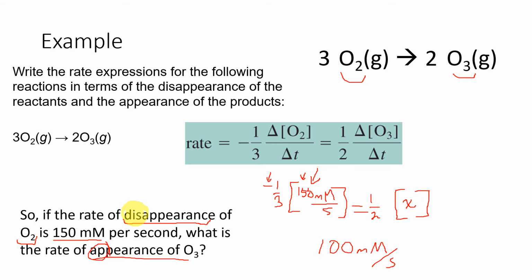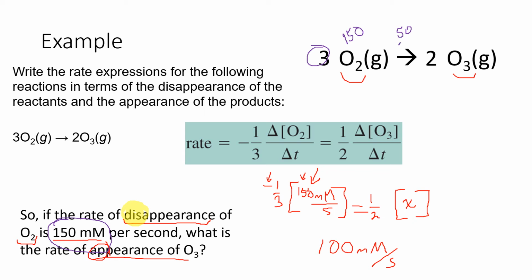All right, now let me look at this the other way that I was talking about, and I can say, well, so wait a minute. All right, so going back to the problem here, I have 150 millimolar per second on this side, right? And so because of this 3, that makes me want to say, well, how many reactions do I have? Well, if there are 150 millimolars per second, and there are 3 moles of reactant every time, so I would say then there are 50, right? You see what I'm doing? I'm dividing by the coefficient there, right?